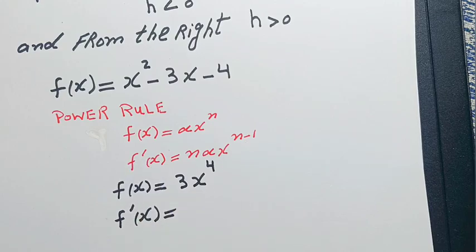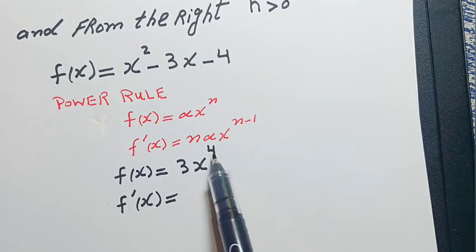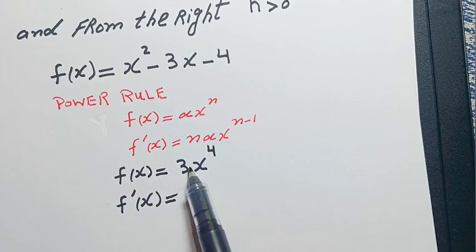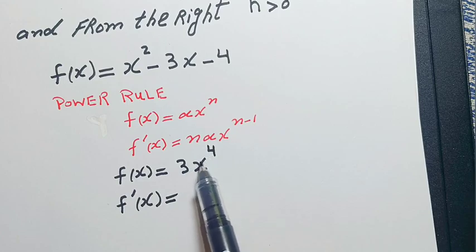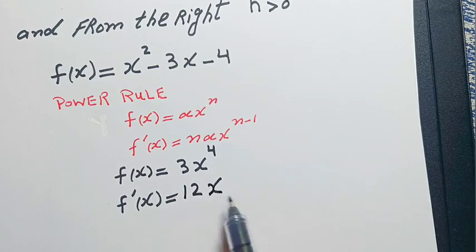Let's see with an example how to do it. Say we have f of x equals 3x to the power 4. You don't need to memorize this formula. The 4 is going to multiply whatever coefficient is here, which is 3. If there's nothing, the coefficient is obviously 1, and 4 times 1 is 4. But in this case we have 3, so 4 multiplied by 3 becomes 12x.